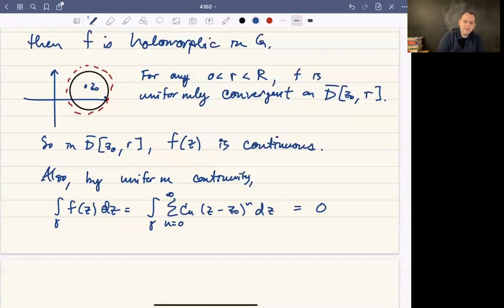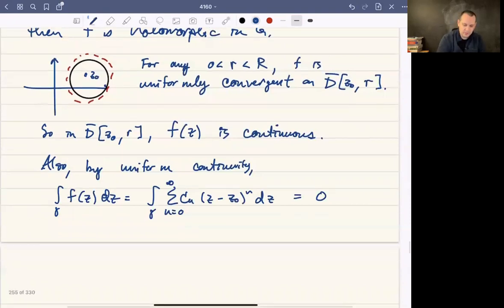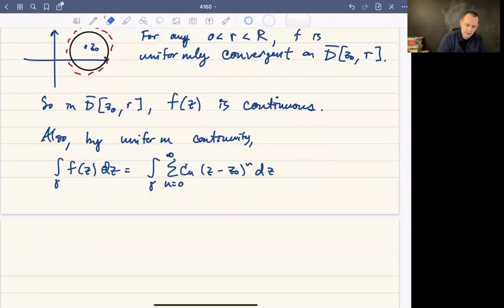Right? If you integrate z, so hopefully you remember that we spent what seemed to be an inexplicably long time on this. But I might as well write more details here since we did it all. If you reverse the order here, this is the sum as n goes from 0 to infinity of the integral over gamma. And then you have some constant, which you can just pull out of the integral. And then we talked about how you evaluate z minus z naught to a power.